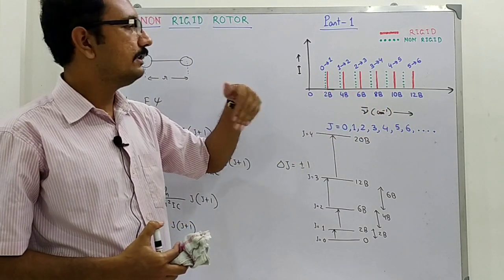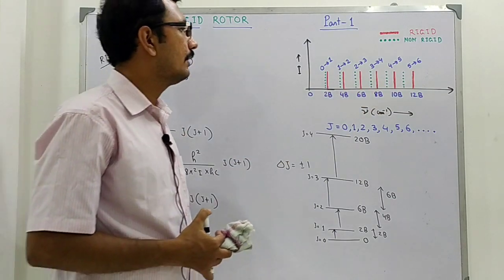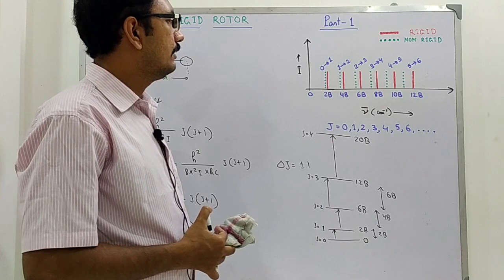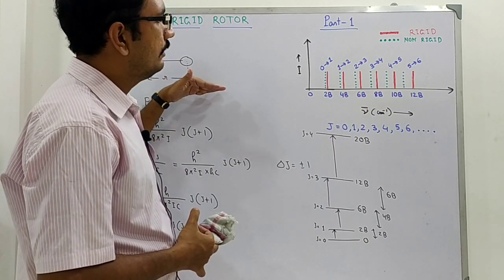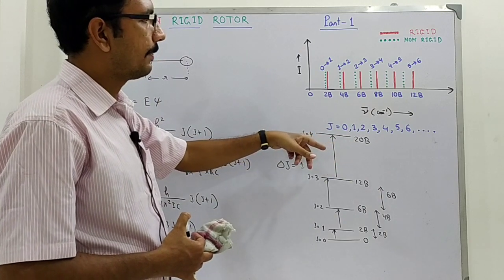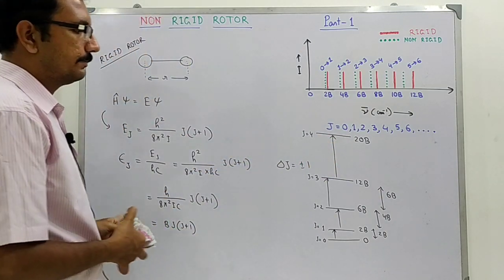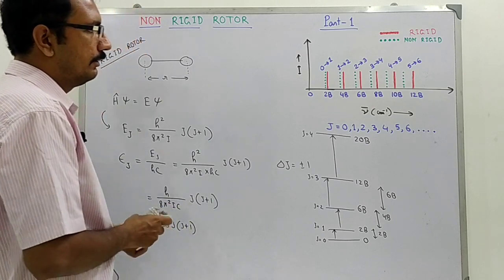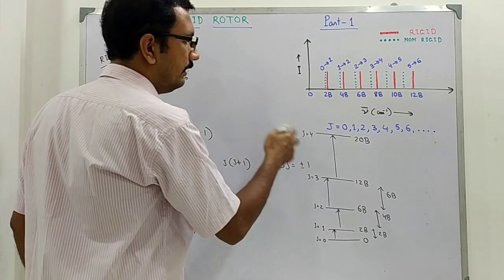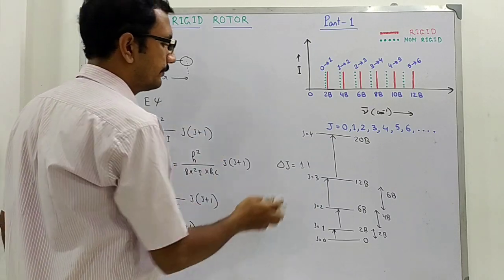So they are equidistant from each other. Now for the rigid rotor, follow the red lines, not the dotted green lines, that I will come to later in this part. So this is the revision of the rigid rotor that we have studied till now.